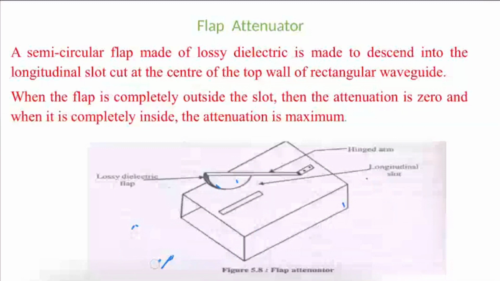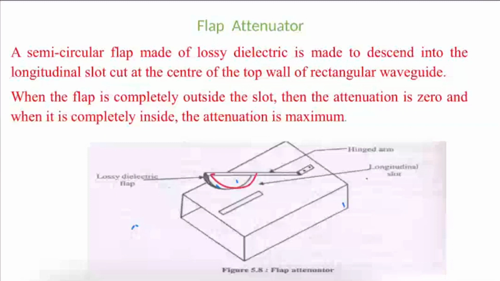So this is a flap which we have. If it is just completely kept open, there is no attenuation obtained. Take the same example where in your room there are 4 windows, and if you keep all the 4 windows open, then the maximum air enters your room.